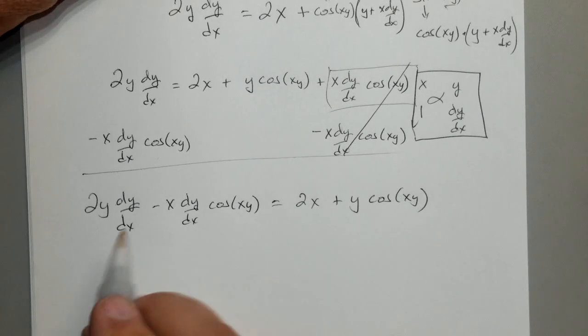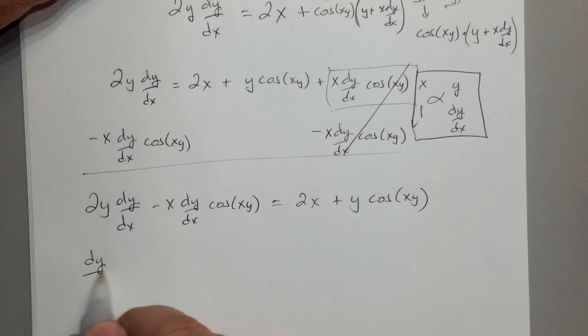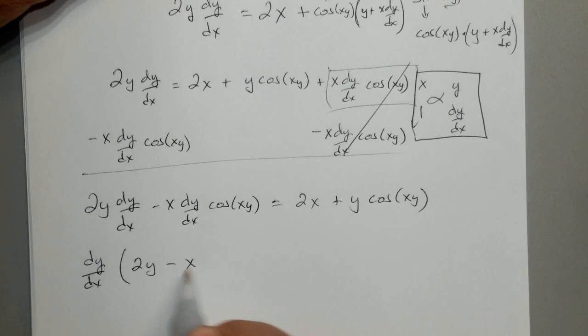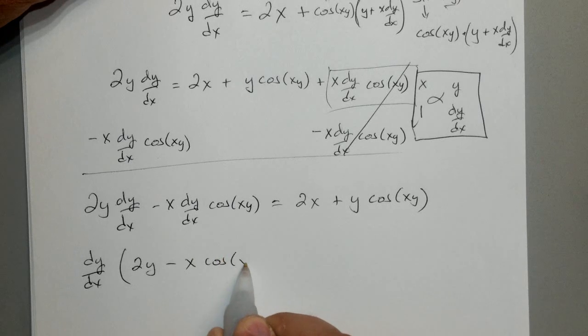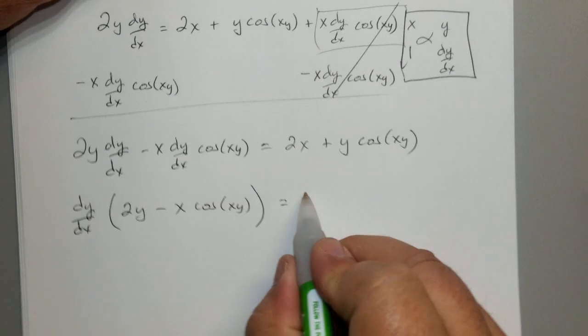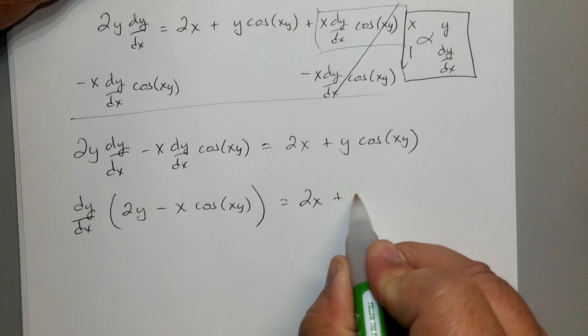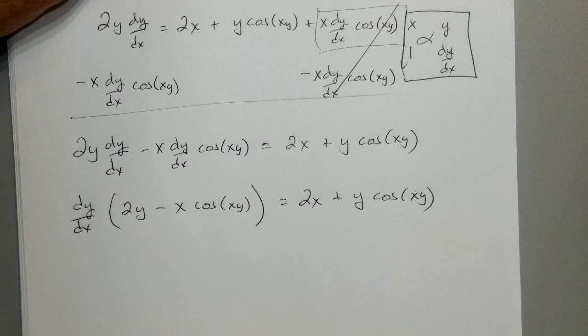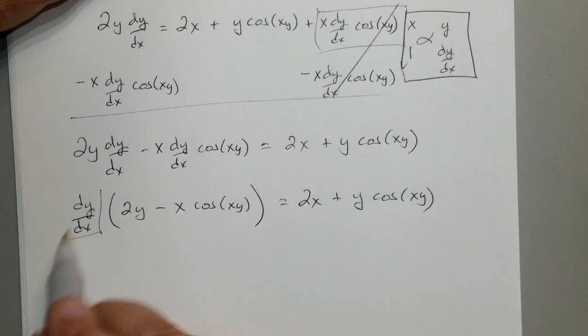Because we have to get this by itself, so we factor out dy dx. It gives us 2y minus x cosine xy. So now we only have this in one place.